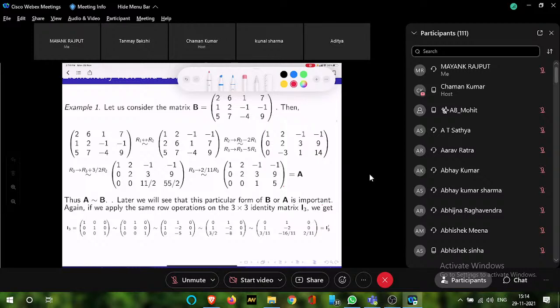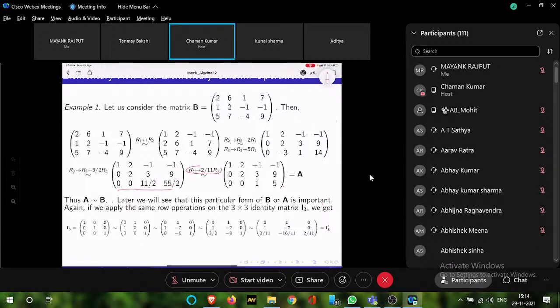Okay, so now in this new matrix, you apply this elementary row operation, that is replace row 3 by 2 by 11 row 3. So this is your row 3. Multiply this row by 2 by 11. So you get 0, you get 0, you get 1. And 2 by 11 means you get 5.